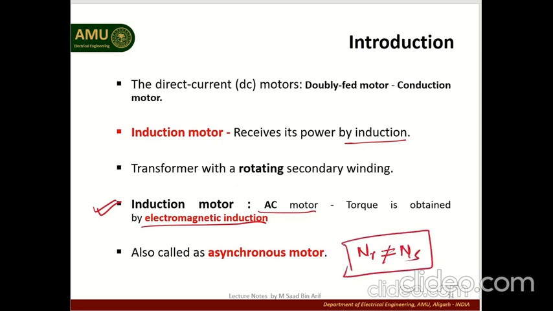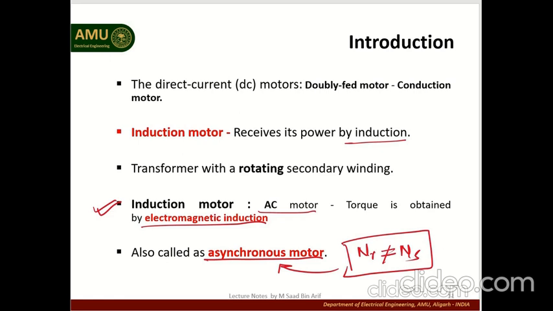It means that we can call induction motor an asynchronous motor, whereas motors which run at synchronous speed are usually called synchronous motors. Now, what is the reason why the speed of an induction motor cannot be equal to the synchronous speed? We will discuss in the lecture later on.